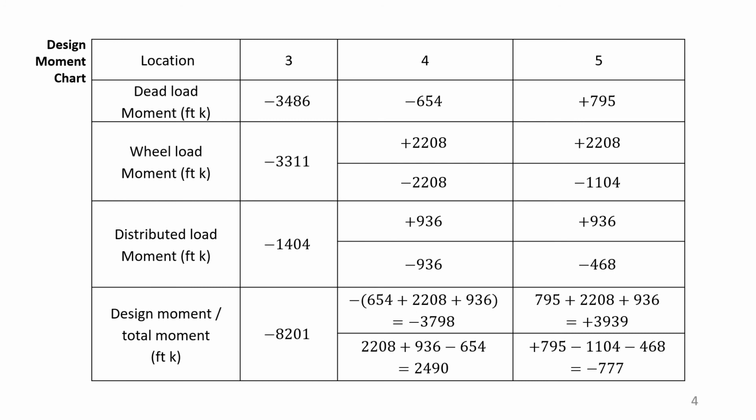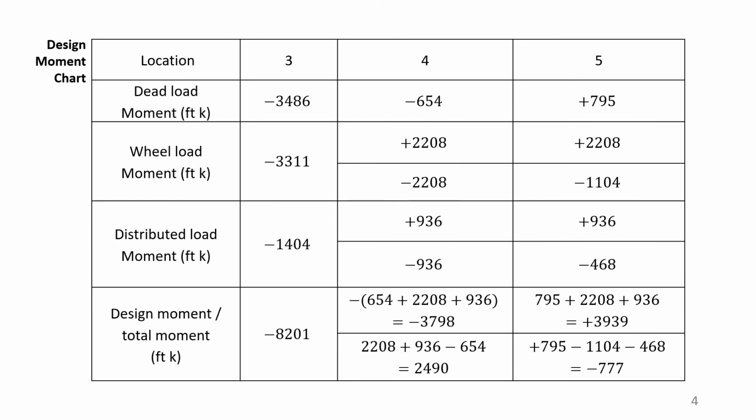At point 4, we will have to find out the design moment, and this point is a little critical because this minus 654 dead load moment will always be there, and this is minus. The wheel load moment will sometimes be plus and sometimes minus.